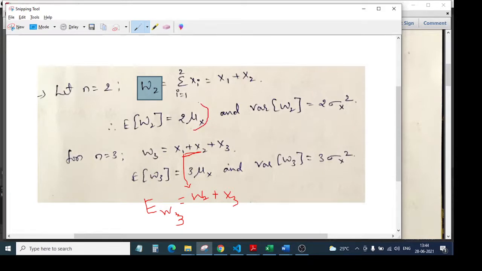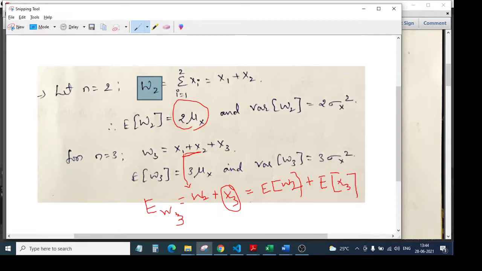And what is the expectation of X3? The expectation of X3 is again mu x. So I can write this as E of W2 plus E of X3, that is, the expectation of X3.